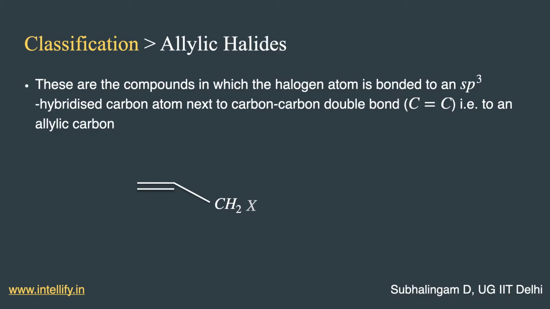This carbon is sp3 hybridized and is attached to a carbon that is sp2 hybridized and is doubly bonded to another carbon. In another example, we have X attached to an sp3 hybridized carbon, and if we go right, we have an sp2 hybridized carbon that is doubly bonded to another carbon. Such compounds we call allylic halides.